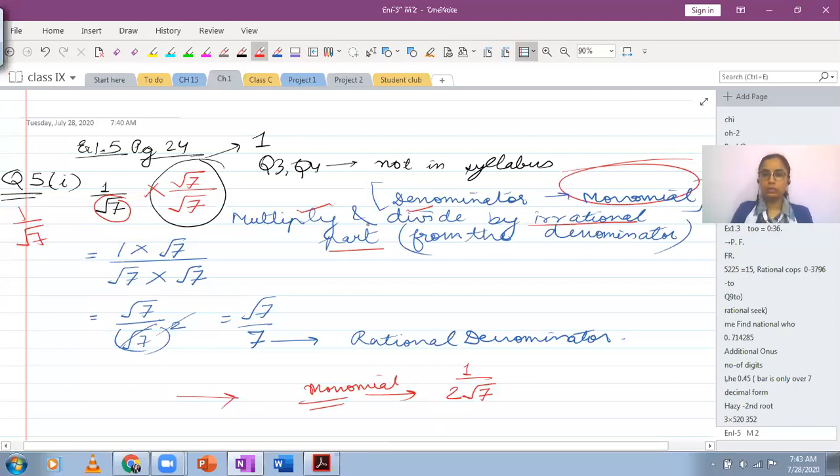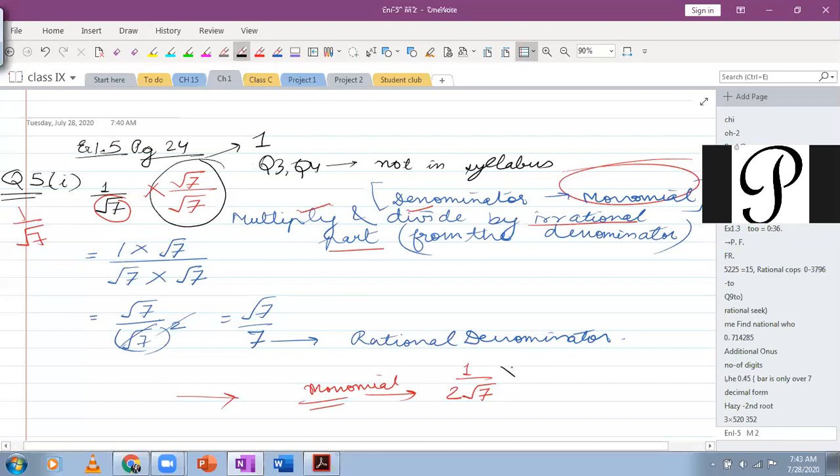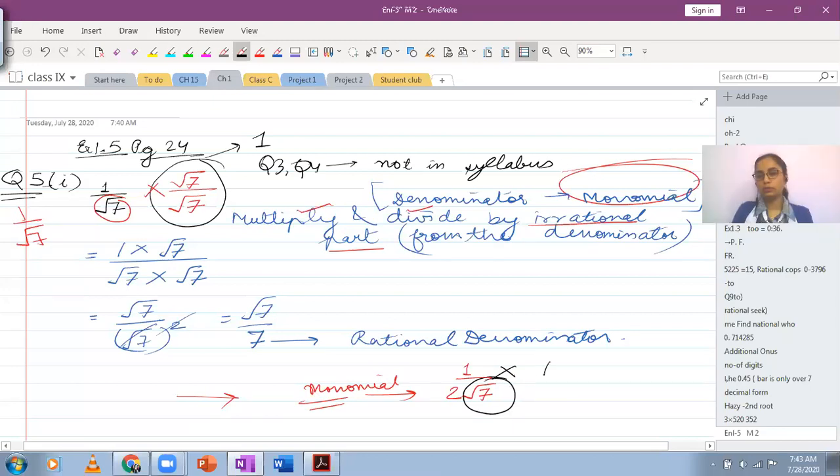So I'll follow this: multiply and divide by the irrational part. The irrational part here is again root 7. So I'm going to multiply and divide by root 7. This will give me root 7 in the denominator, 2 as such, and these two values will give me 7. So this will be root 7 over 14.